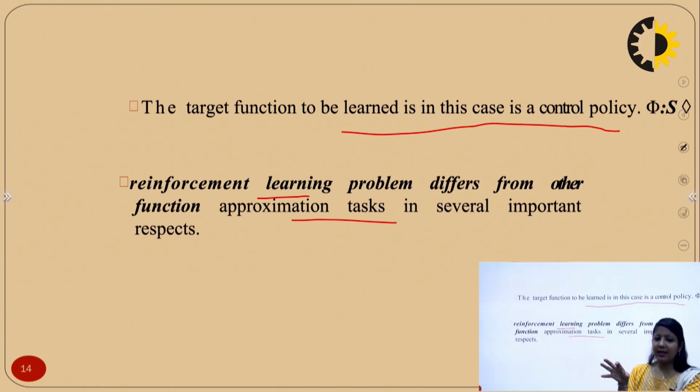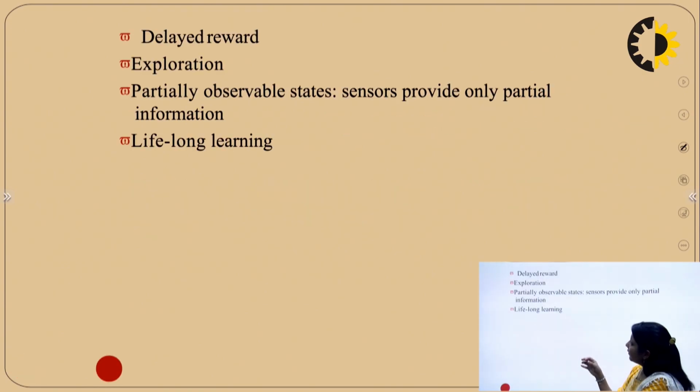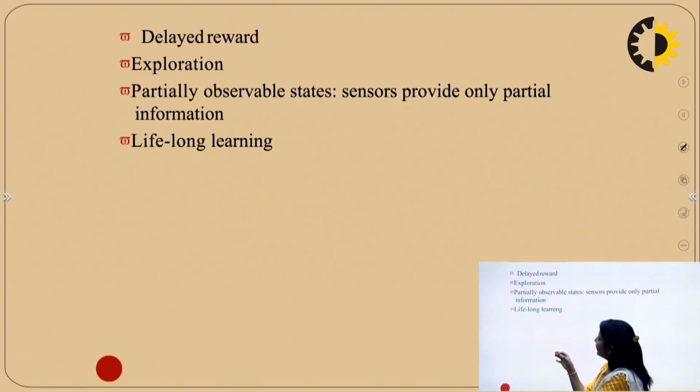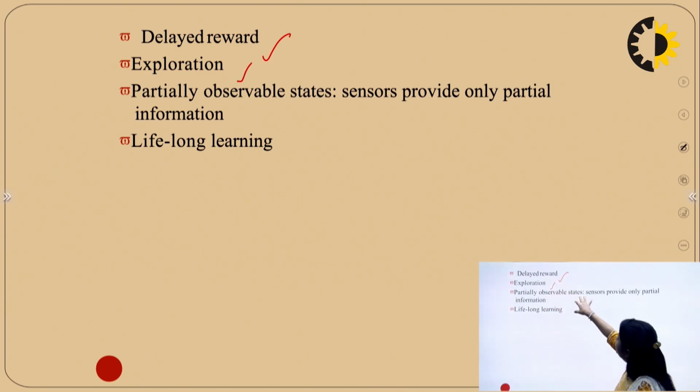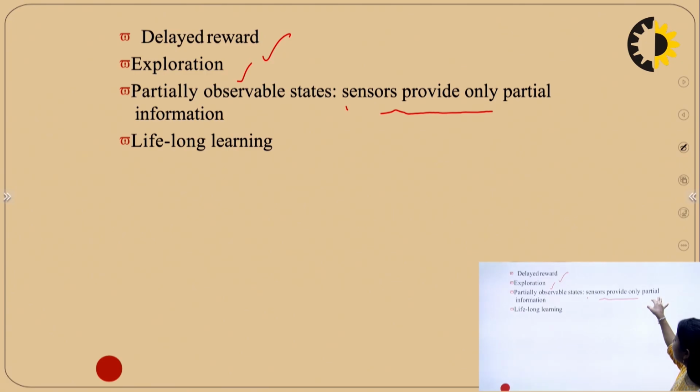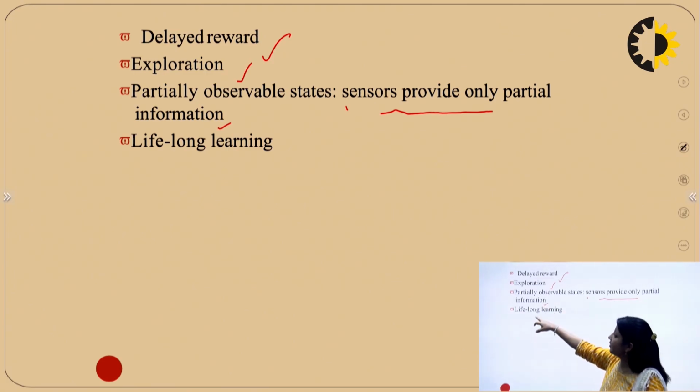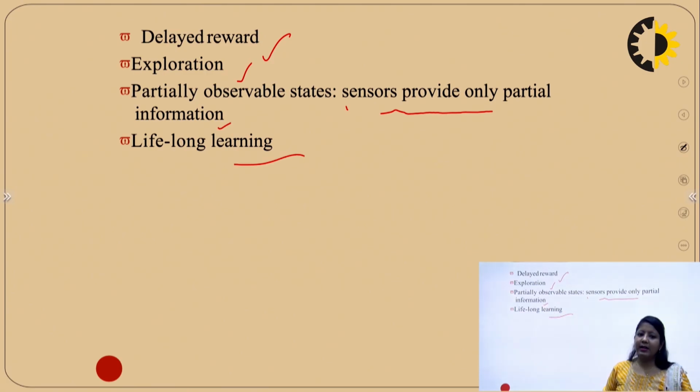So what have we covered here: delayed reward or exploration, partially observable states where sensors provide only partial information, and lifelong learning. This means reinforcement learning will freeze all the actions, and that will be the next experience for the next participant.